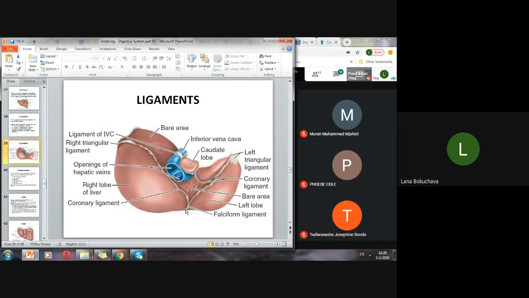But the question is, if it's one of the largest organs, it means that it will for sure have communication, by its different surfaces, with the different organs in the abdominal cavity. Simply to say.